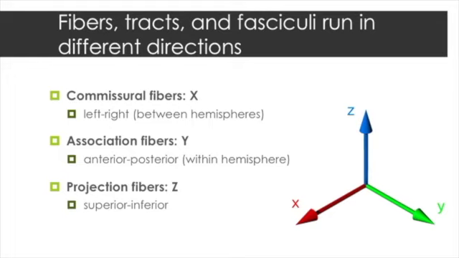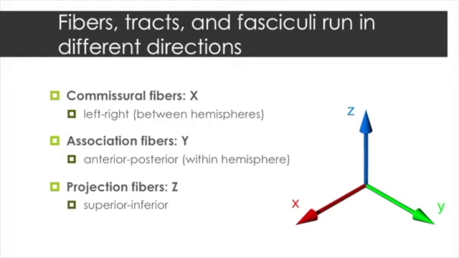Commissural fibers are the fibers that run left to right in the brain, between the different hemispheres. For instance, the corpus callosum, a major white matter tract that runs between the left and right hemispheres, is a commissural fiber.